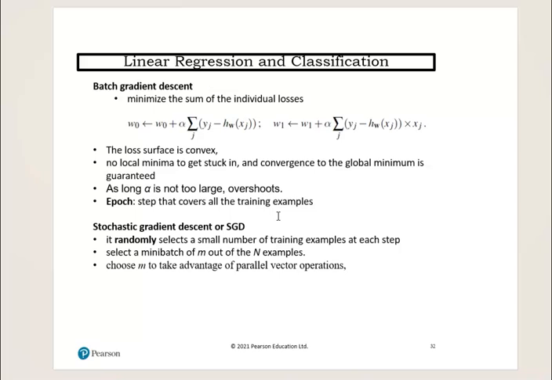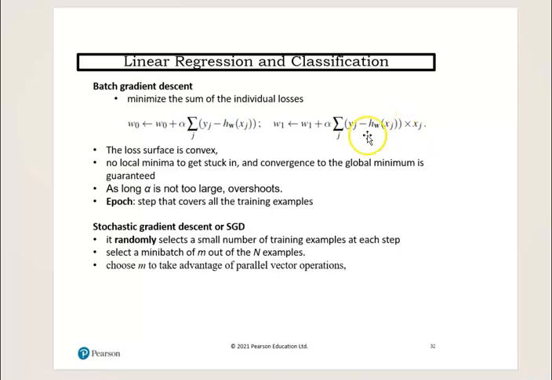So let's recap then. We have a learning rate that we pick ourselves, and then we start at some random point, w0 and w1, and then we find the next value for w0 by, remember we multiplied by the negative of the gradient, so it becomes plus, and the gradient was y minus h_w, and we sum that over all the data points.